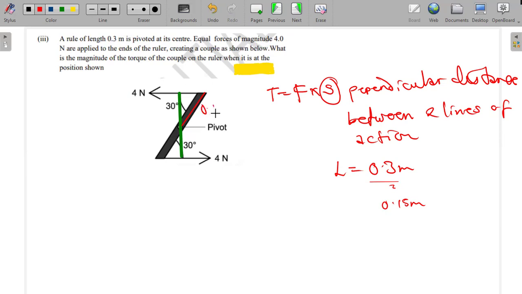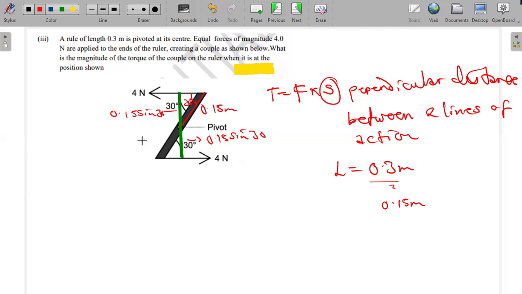Since there we have 30 degrees, 0.15 sine 30 is going to give us this vertical distance here. This is going to apply even on the down part, so we have that distance as 0.15 sine 30 as well.